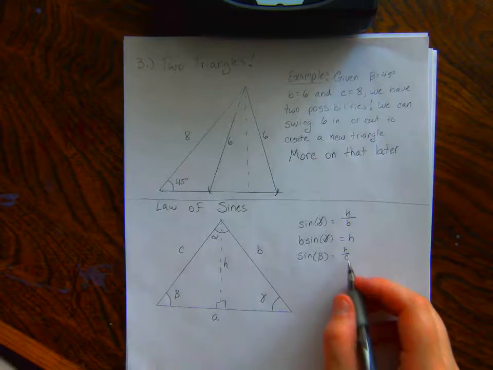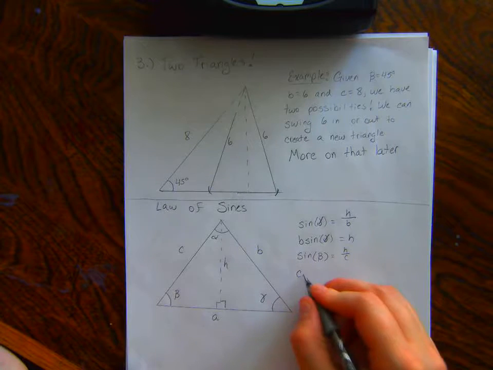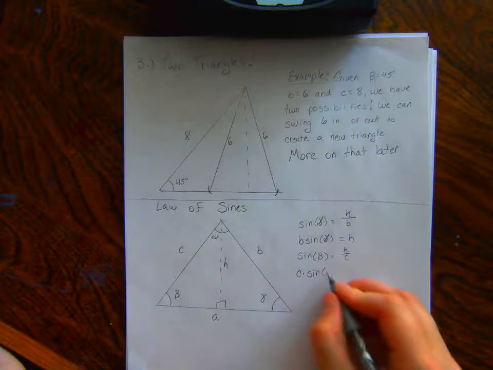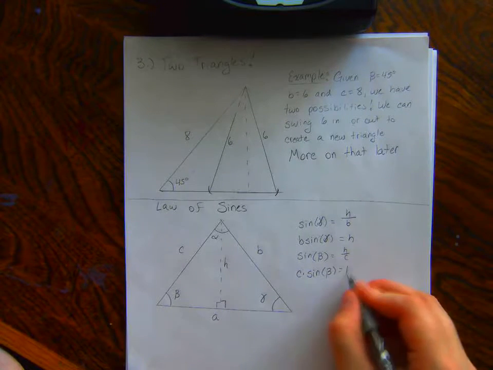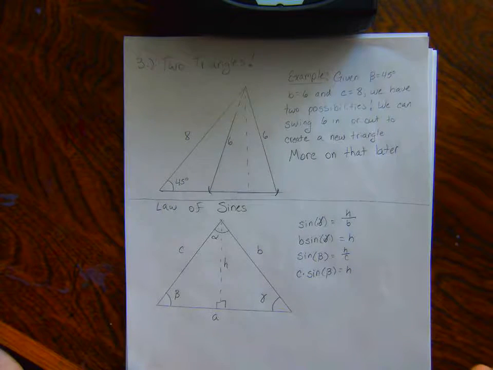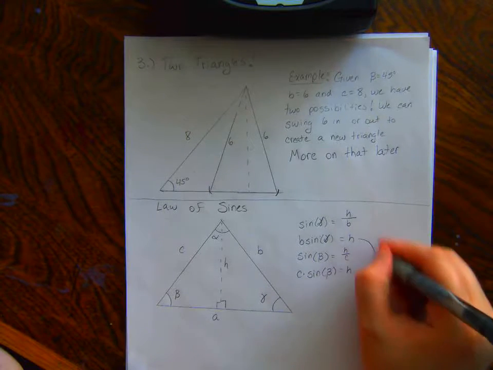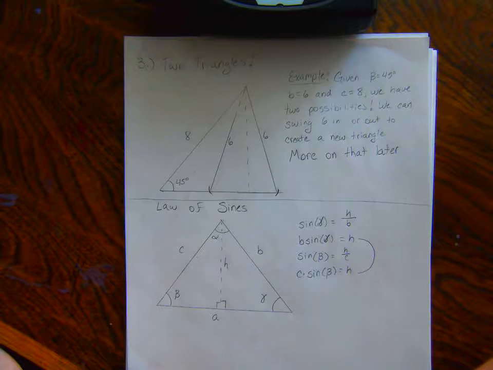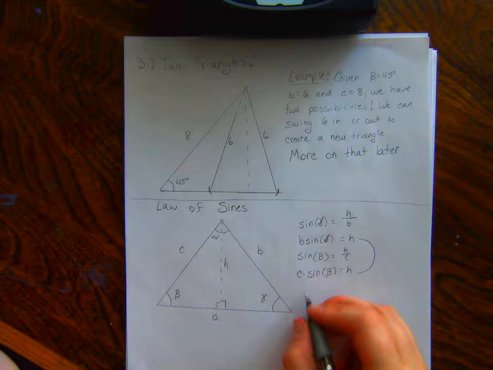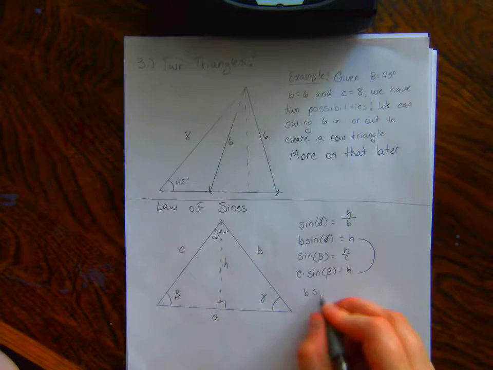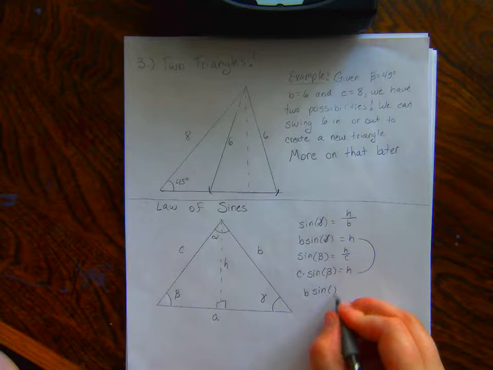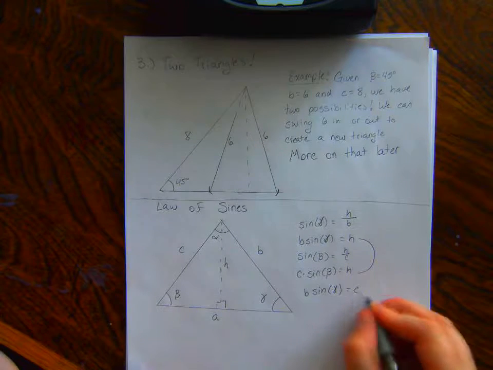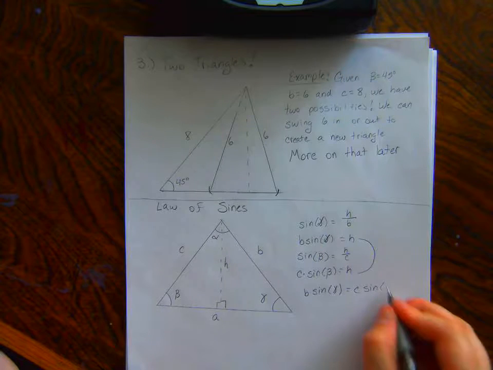If I solve for H here again, I'm going to get C times sine of beta equals H. Now since these two are equal, I'm going to set them equal to each other, and I'm going to get B sine gamma equals C sine of beta.